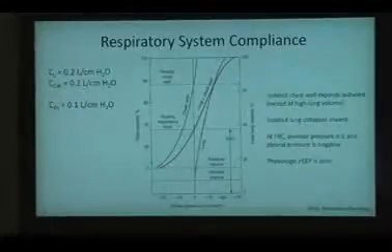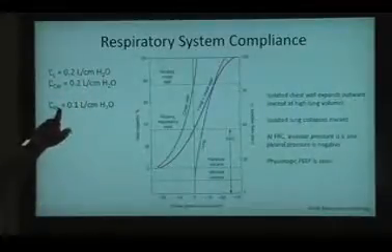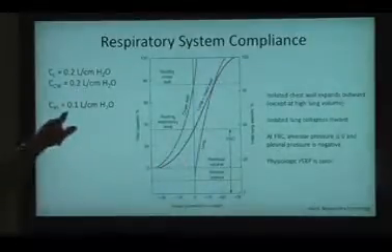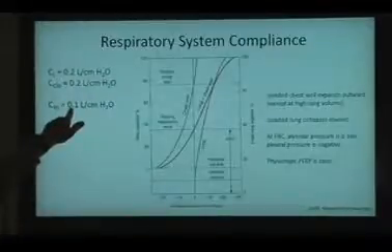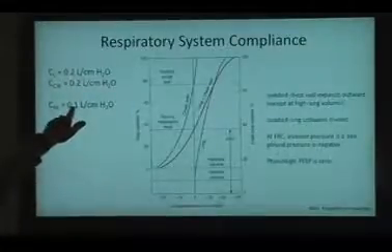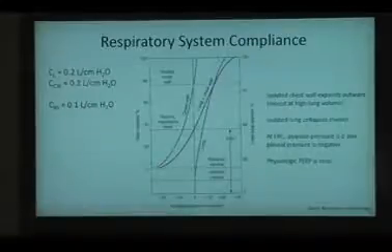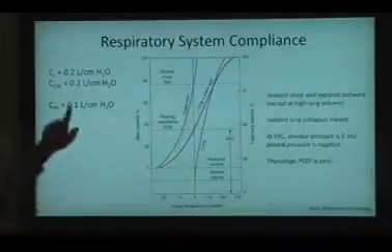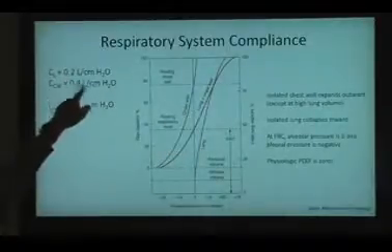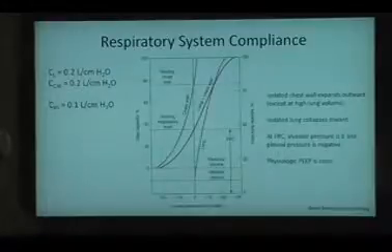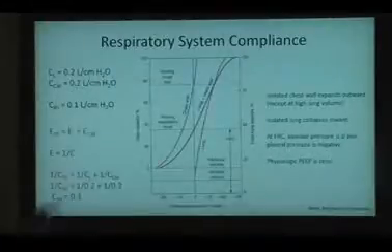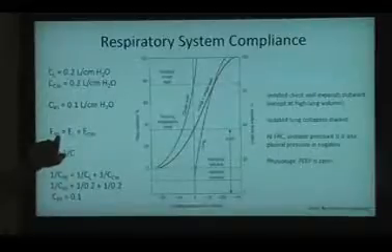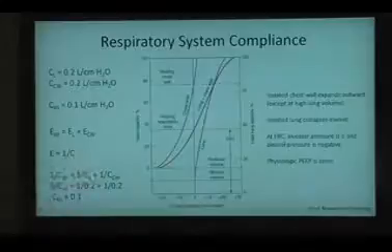But if we put them both together, the compliance of the respiratory system, which is this line, is about 0.1 liters, or 100 milliliters, per centimeter of water. The reason why the compliance of the respiratory system is less than the compliance of the lungs or the chest wall by itself is because they are moving in opposite directions. Mathematically, the elastance of the respiratory system is equal to the elastance of the lungs plus the elastance of the chest wall.